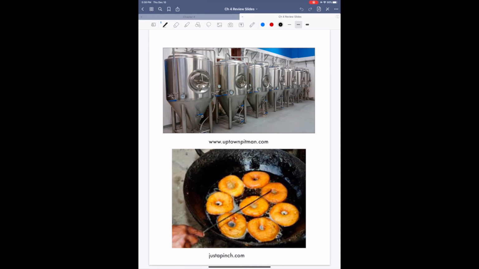And so what happens here is you fill this fermentation tank with some sort of sugary water solution, and then you also add yeast to it, and then you close off the tank.